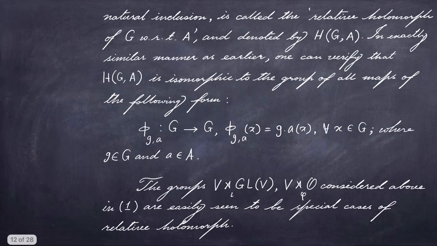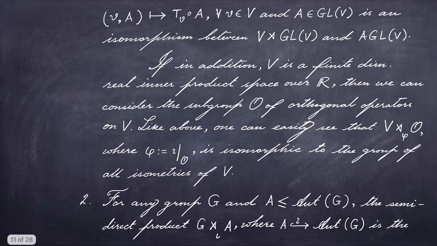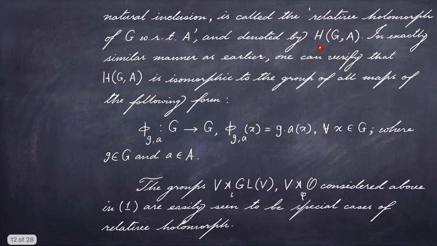It is called the relative holomorph of G with respect to A, and denoted by this. And as we have done earlier, we can show that this relative holomorph is isomorphic to the following subgroup.